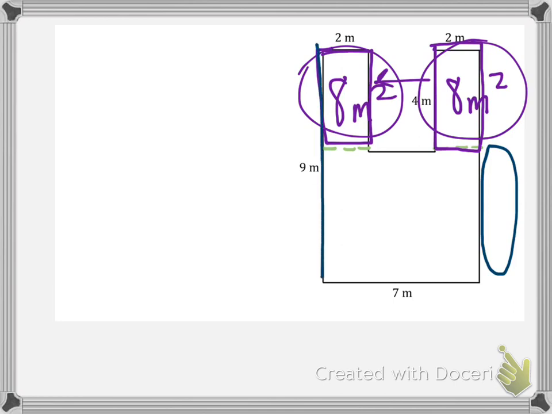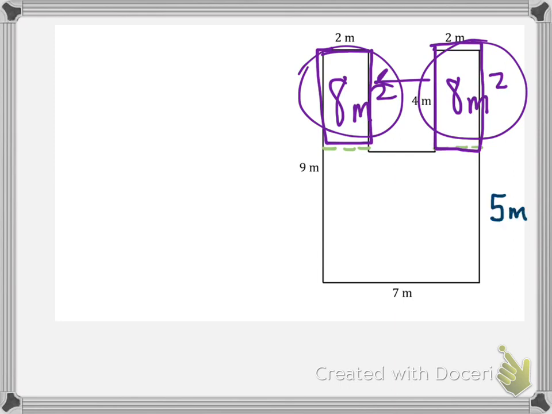And then I also see 4 meters, which is right here. So if I take the 9, which is the entire distance, and I take away this 4, it will leave me the space that I want. So 9 minus 4 is 5. So let me get back here, and I can say that this distance is really 5 meters.